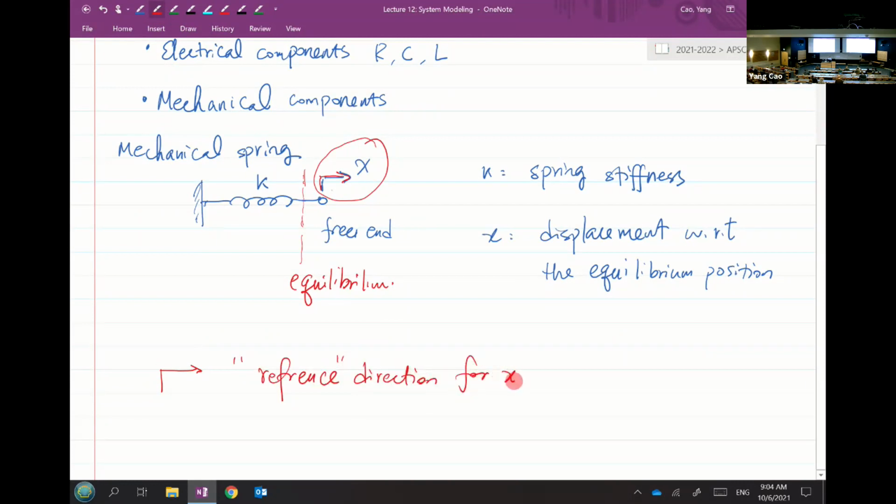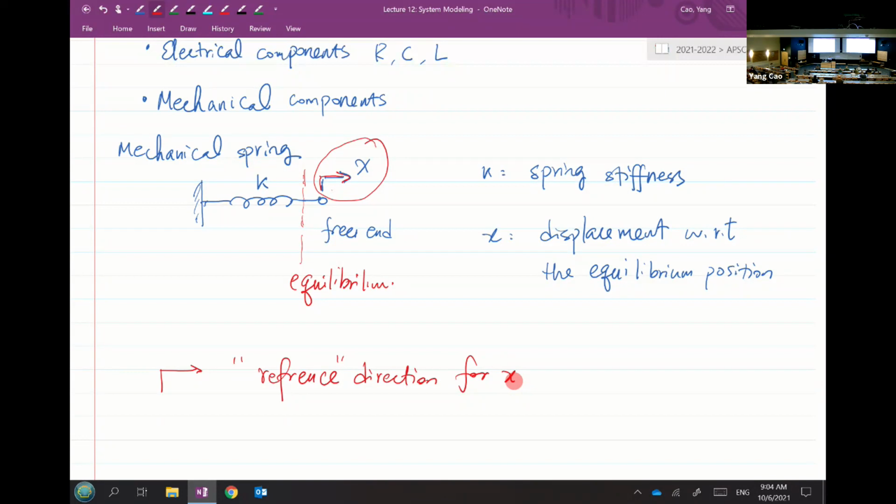So what does reference direction mean? When we do anything, we always have to establish a reference first. So for example, we say going to the west is considered positive, right? That's basically the reference. Then the next time you say somebody is going to the east, that guy is mathematically going to the negative side, right? That's what reference means.